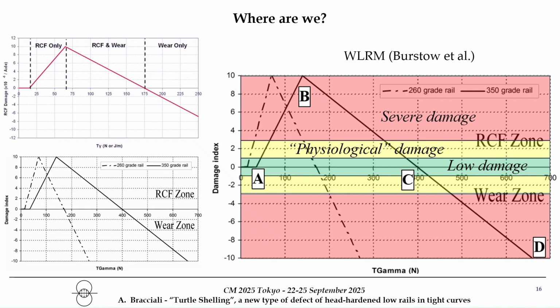And the pink or red area is where severe damage exists, so where cracks proceed quite fast or wear is particularly heavy. So point B is typically intended to represent conditions of mild curves, where there is high RCF on the high rail and low wear, like in the Hatfield case, for example.